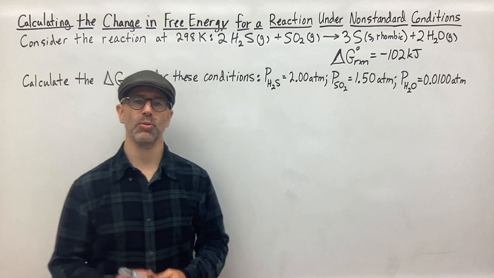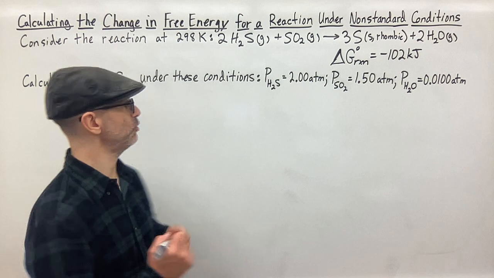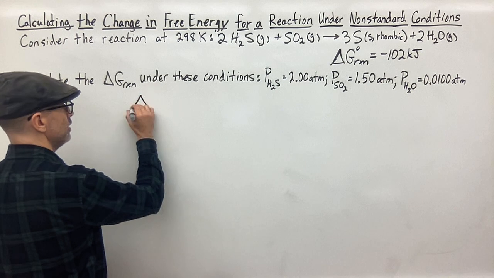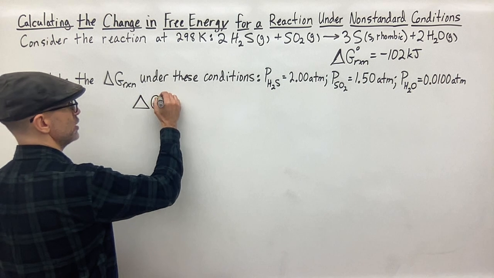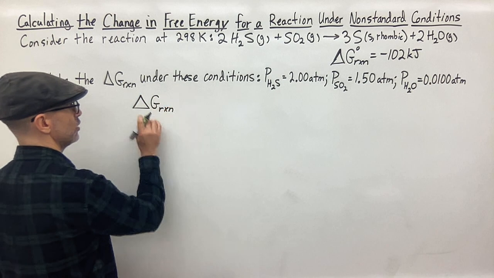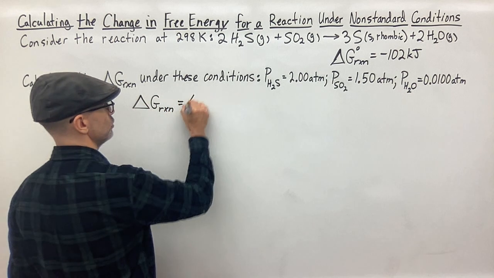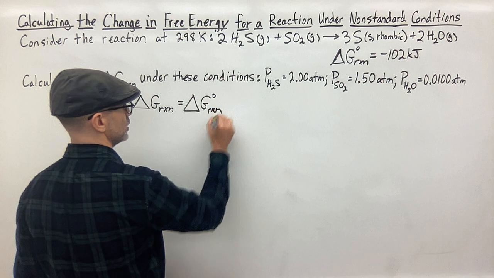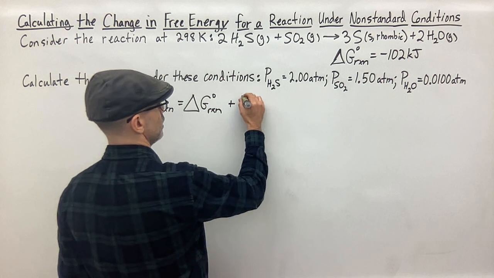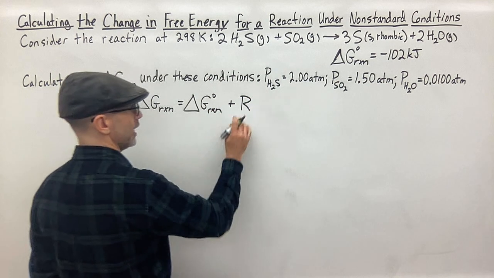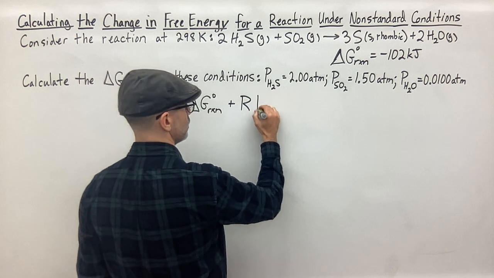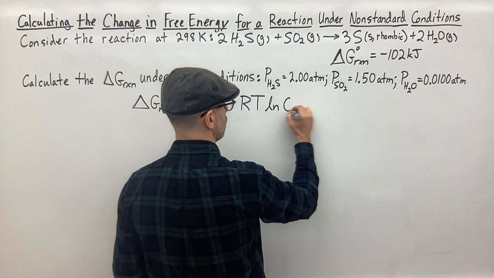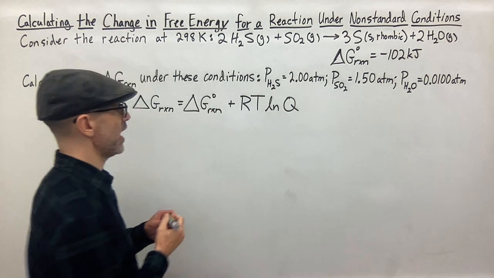The first thing we want to do is find Q, because we're going to be using this equation. The free energy change of the reaction under non-standard conditions is equal to the standard free energy change of the reaction plus the ideal gas law constant R multiplied by the temperature multiplied by the natural log of Q. Now, Q is the reaction quotient.